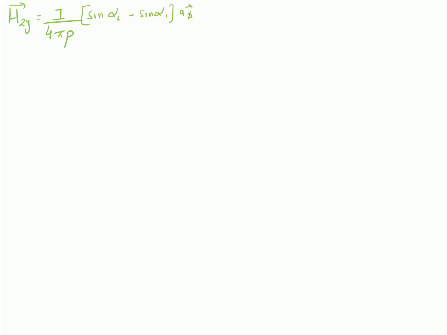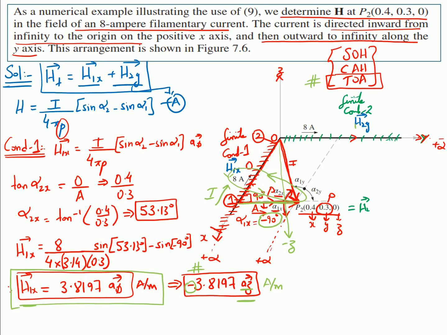So in order to find the values of sine, we go back to the image, and now we focus on the second conductor over here. So we again say that this is the point 1 starting from the origin, and it can go to the point 2, and we can select any point because it is going towards positive infinity. Let's say we selected this point as the second point.